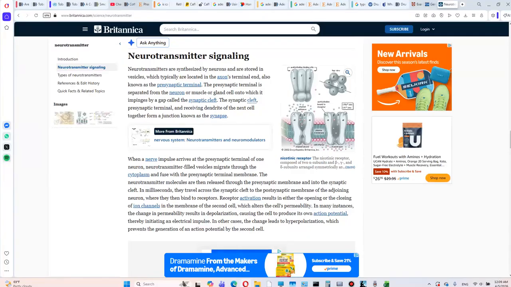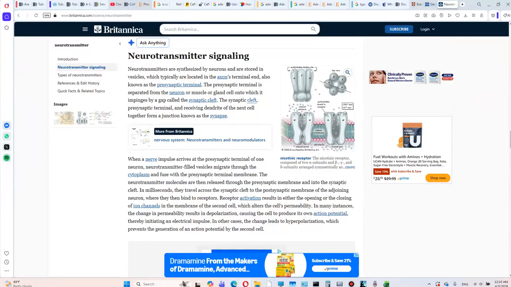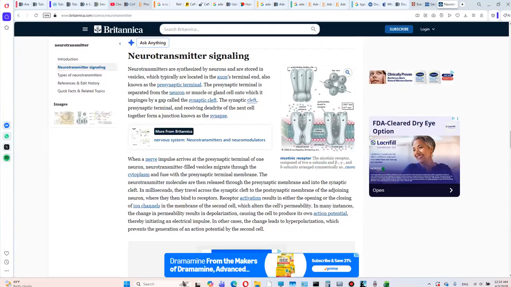When a nerve impulse arrives at the presynaptic terminal of one neuron, neurotransmitter-filled vesicles migrate through the cytoplasm and fuse with the presynaptic terminal membrane. The neurotransmitter molecules are then released through the presynaptic membrane and into the synaptic cleft.